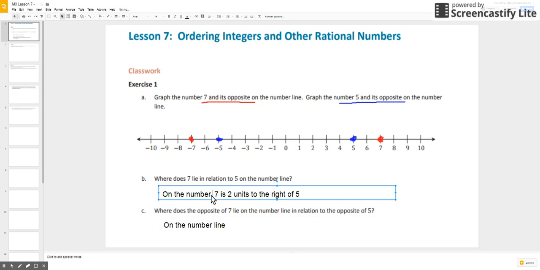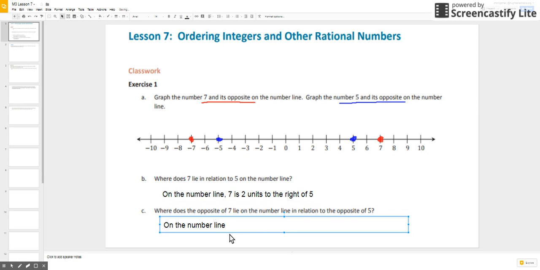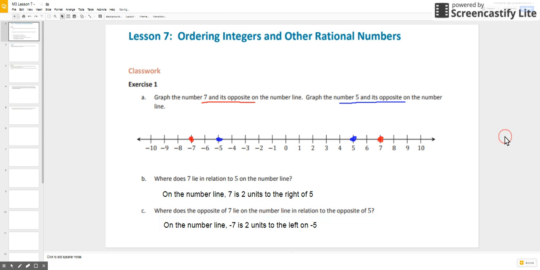On the number line, negative 7 is, instead of the right, 2 units to the left of negative 5, the opposite of 5. All right, so there we go. That's what we're talking about here, not just the relationship to 0, but now the relationship to each other.